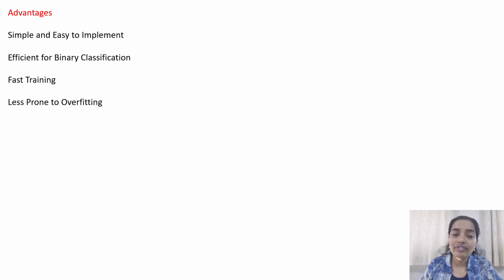When we simply have two classes, it is very useful. And then we have fast training. As we just have two classes, the training period is quite fast, and generally overfitting doesn't occur in logistic regression.